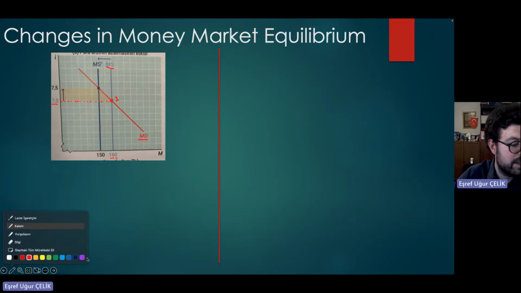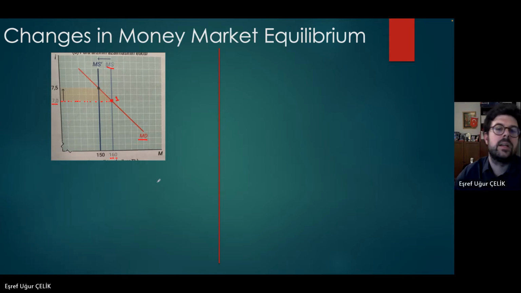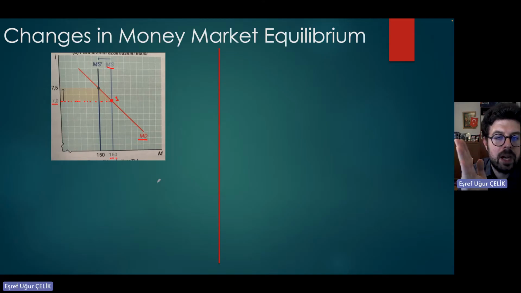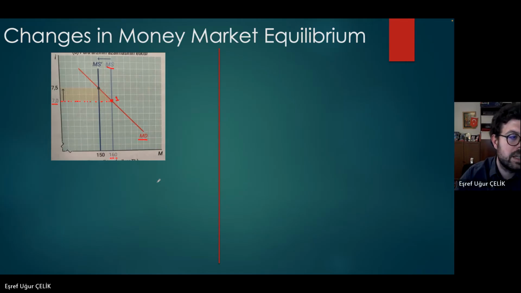Let's assume that the money supply becomes lower, or the money supply curve shifts to the left. So where is our new intersection point? Is there any change in money demand?